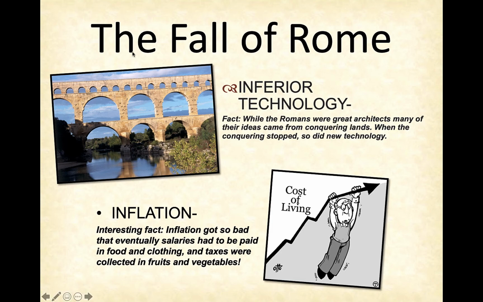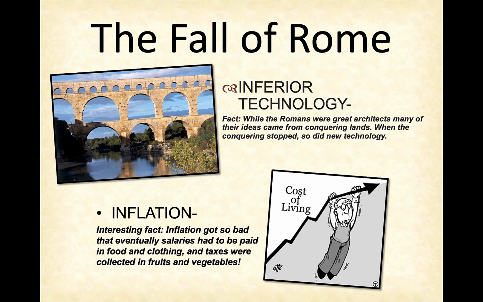And what you can see up here, these are Roman aqueducts, which carried fresh water to and from their different cities and the different areas where they were at. You can actually see some of these still over in Europe, over in England. Some of them still exist over there. But the whole thing is they stopped conquering lands because they feared that they were getting too big. They didn't have the money anymore. And so the new technology that they were gathering also halted.